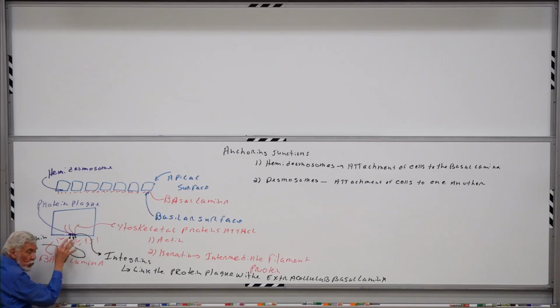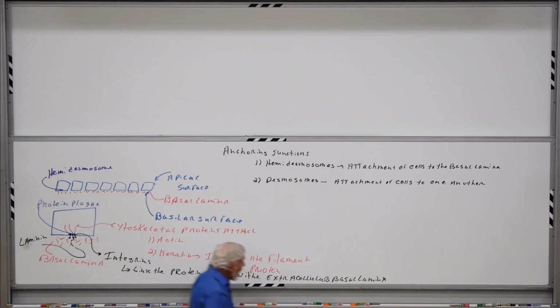And they end up with blisters all the time. It's a horrible disease. But this is just to point out how important it is for these transmembrane proteins, the integrins, to lash the cell down to the extracellular matrix, the basal lamina, to hold it fast. So hemidesmosomes are holding the cells fast to the underlying basal lamina.